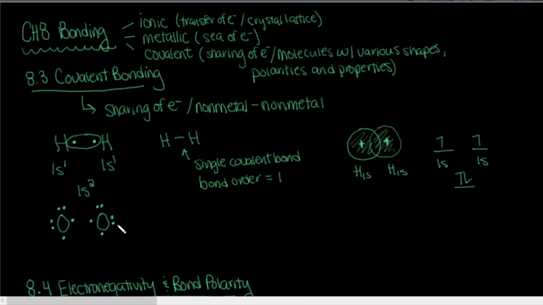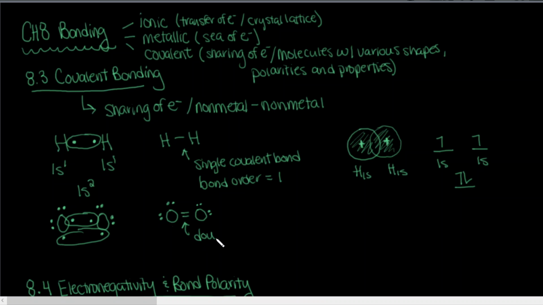You can see where I'm putting my unpaired electrons is strategic, so that I can show that the oxygens actually need to share 2 pairs in order to get to a full valence shell, in order to get to 8. And so this, of course, we now know is called a double covalent bond. And 1, 2, 3, 4, 5, 6, 7, 8. You can count it up, make sure everybody is stable.